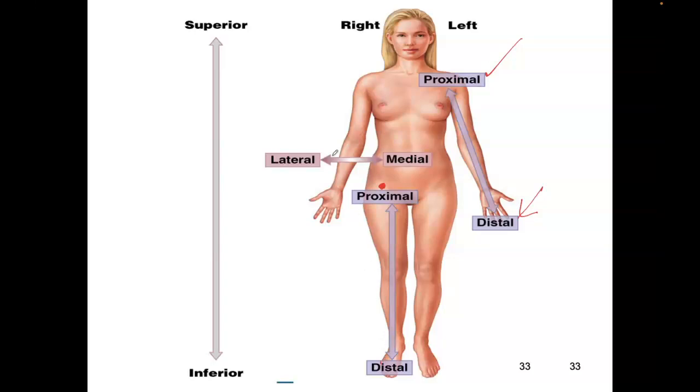Okay. Medial and lateral, when we're medial, we're closer to the midline of the body. And once we start moving away from midline, we say we're moving lateral. If you're moving from lateral towards midline, we say we're moving medially. The body as a whole, we say superior and inferior, but when we're talking about its parts, proximal and distal.